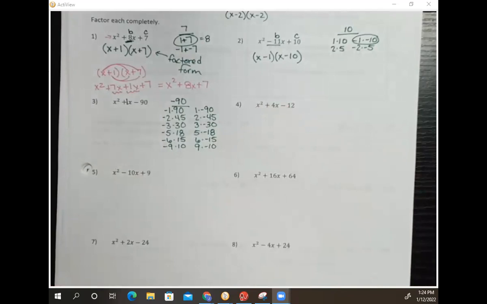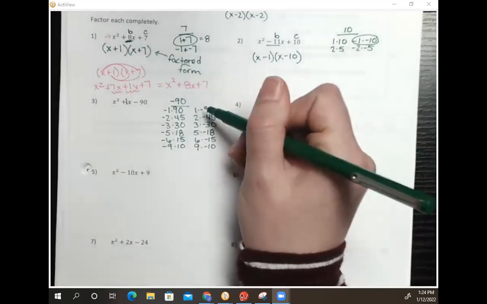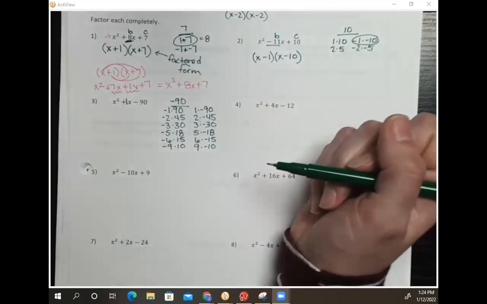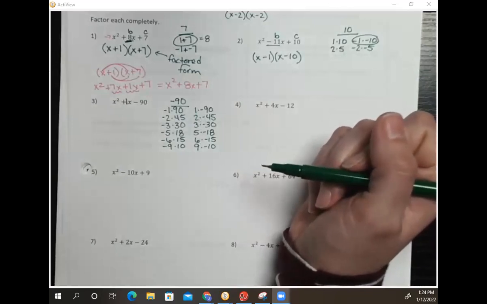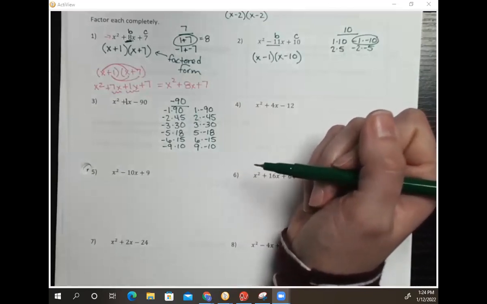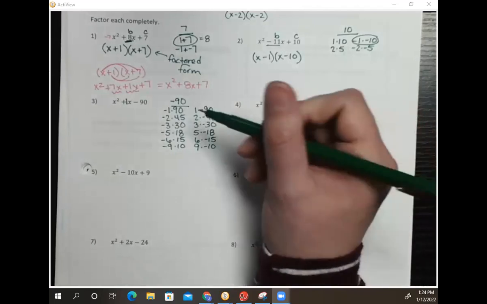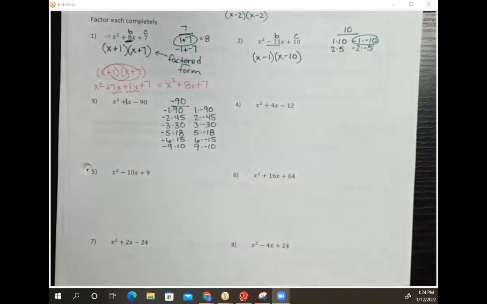The more we practice this, the easier it's going to get. We'll also run into some problems where I'm going to make a list because that's what I need to do to be able to see the factors that I need, okay? Anytime that you're making a list to see your factors, go in order. It's very easy to skip stuff, and you always end up skipping the one that you need, okay? So go in order if you're making a list.